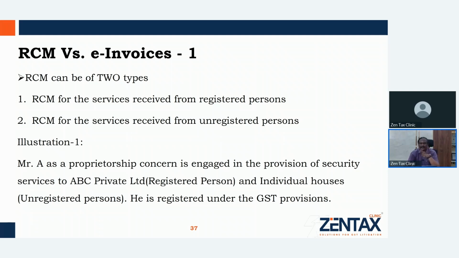He is registered, because he is giving services to a company and also to individual houses. For these individuals, the total amount is more than 20 lakhs, so naturally he has to get registered. For the individual houses, he has to pay under forward charge. For the reverse charge, the recipient will be paying. So whenever he is filing GSTR-1 for ABC Private Limited, he will say yes, reverse charge applicable. So naturally, the department will know that ABC has to discharge.